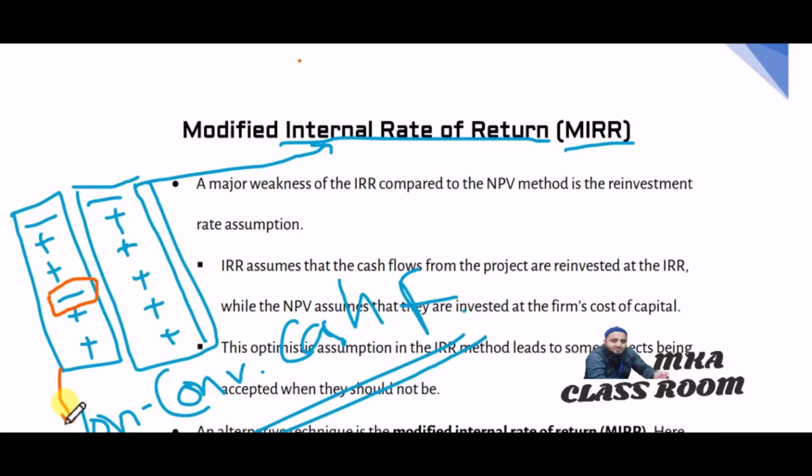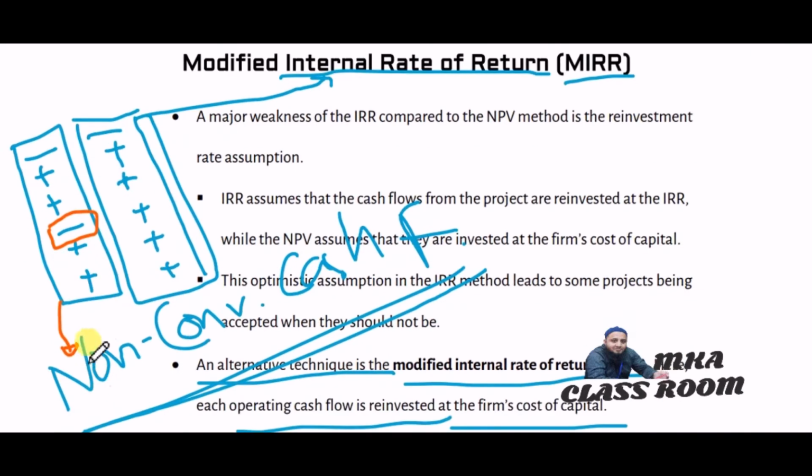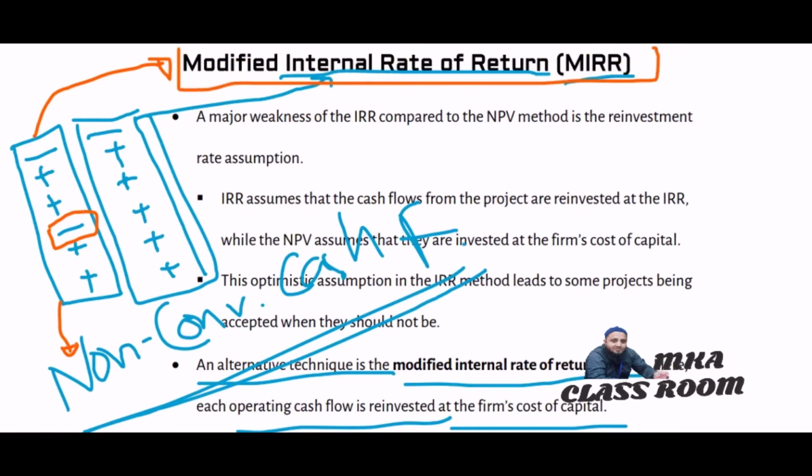That's why for these non-conventional cash flows we need the modified IRR. That means we have to modify our internal rate of return, which we have learned in our previous sections.